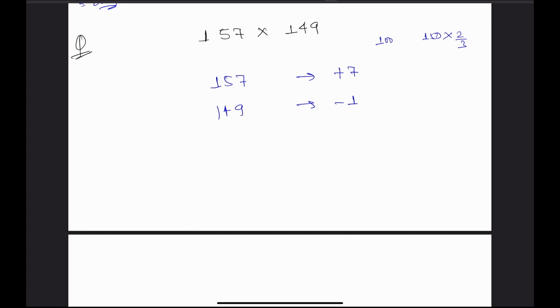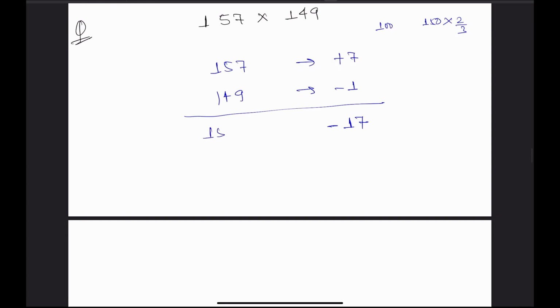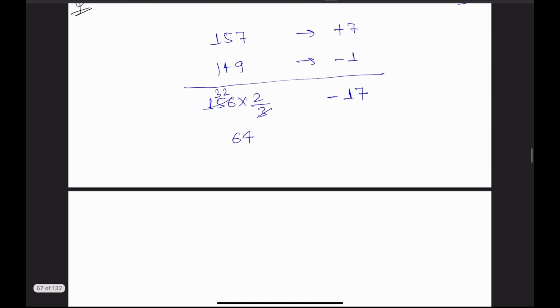So again we will solve. This is becoming minus 17. Then 157 minus 1 is 156. 156 into 2 by 3, right? It will be just 32. 32 into 2 is 64, right? So again 64, but here is minus, so it will be 63, 83.